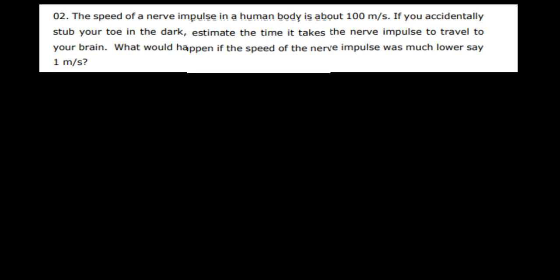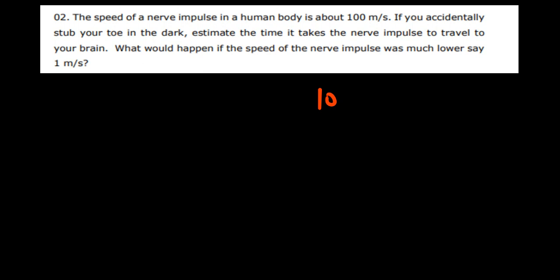So we are given a speed, the speed of a nerve in a human body, we are saying is 100 meters per second. Now at night you just accidentally stab your toe. Now I want to estimate the time this nerve impulse is going to take to travel to your brain.